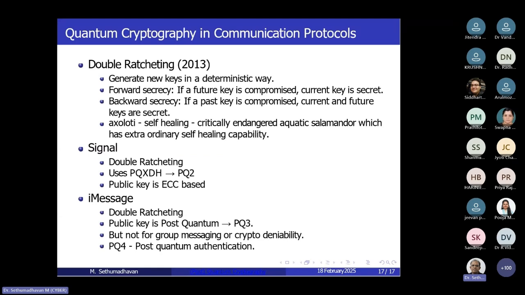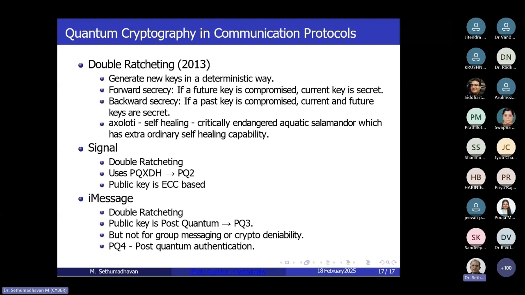The Signal protocol reaches up to PQ2, that is the second level, because they are using post-quantum extended Diffie-Hellman. And the problem is that the public key is ECC based, so it is not PQ3. Whereas iMessage, that is messaging on the iPhone, again uses double ratcheting, but the public key is post quantum.